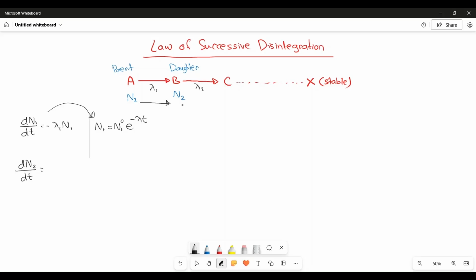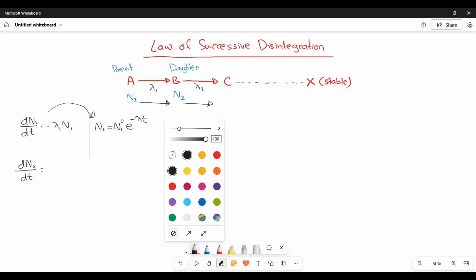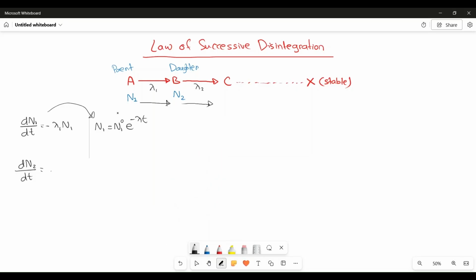At the same time, some of the n2 are decaying into another form. So at any instant t, the change in the number of daughter elements should be the amount produced minus the amount decaying, so it's basically what you are getting and what you are giving.